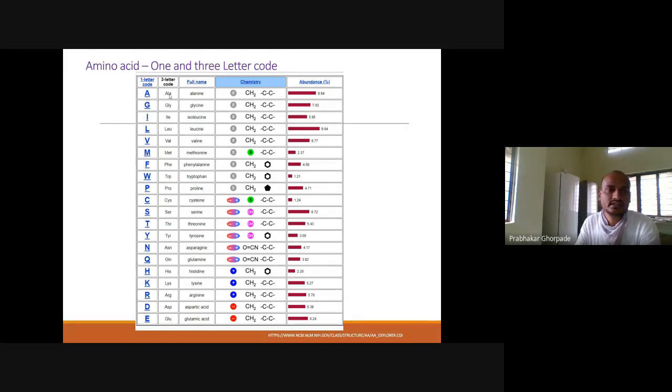ALA is the three letter code, and capital A is alanine. For glycine we take the first three letters, GLY, and represent it as G. Isoleucine is ILE, represented as I. Leucine is LEU, represented as a capital L. Valine is VAL, represented as a capital V. Methionine is represented by MET, and as a single letter code it is a capital M.